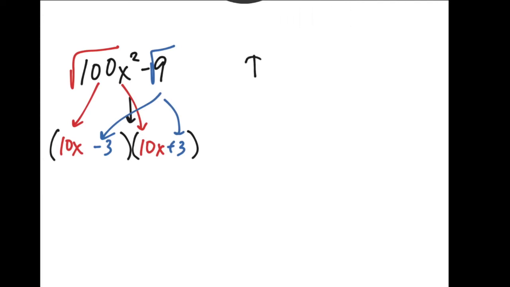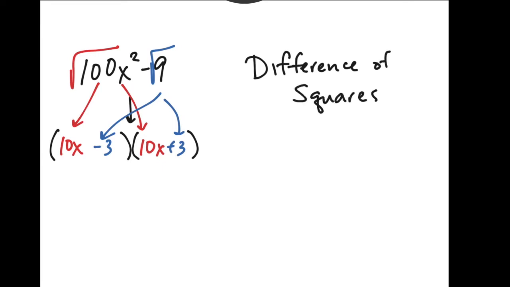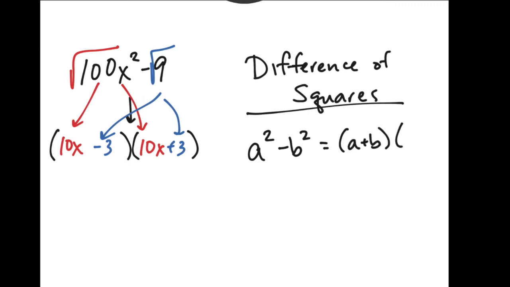And this is actually called the difference of squares. Difference meaning subtract, squares meaning to the second power. So if you have anything in that form, it's going to be the square root of each, a positive and a negative.